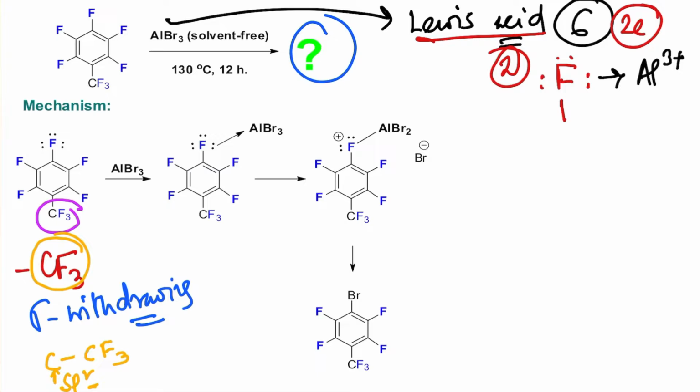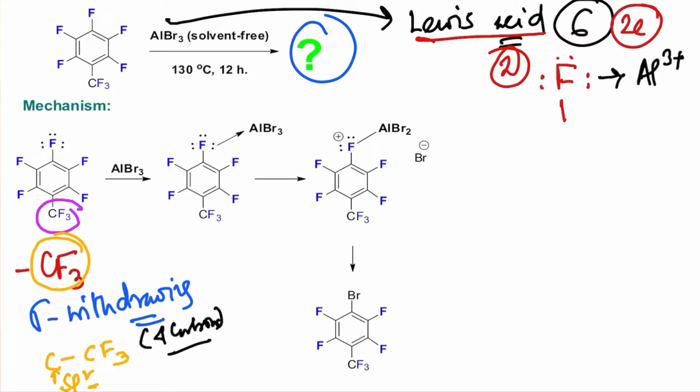So it's sigma withdrawing, and we know that the sigma withdrawing effect works up to 4 carbons efficiently. So if you look, this is 1, 2, 3, 4, and the farther you go, the extent of the withdrawing effect will reduce.